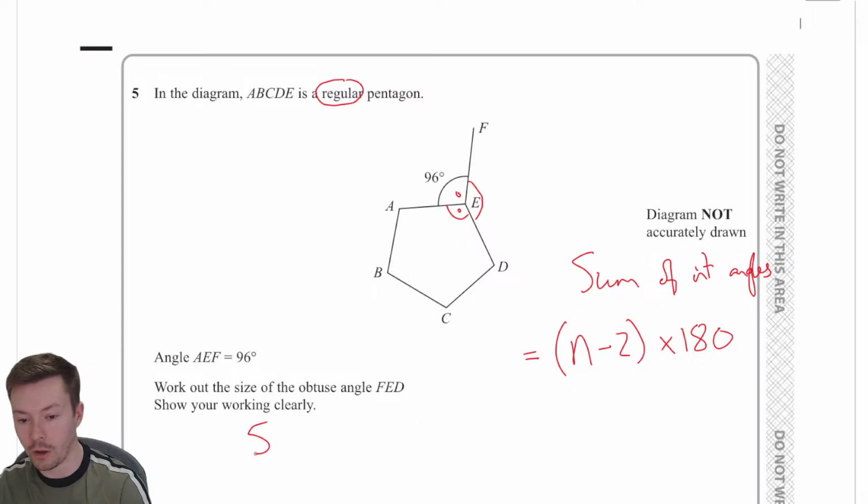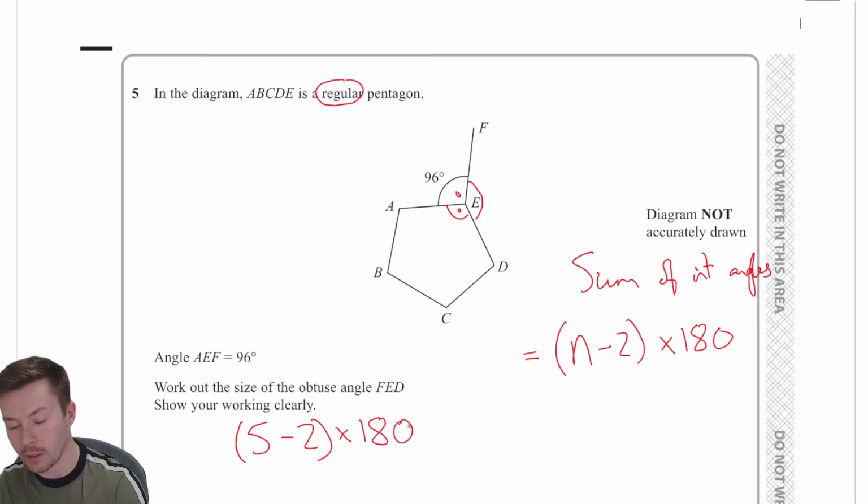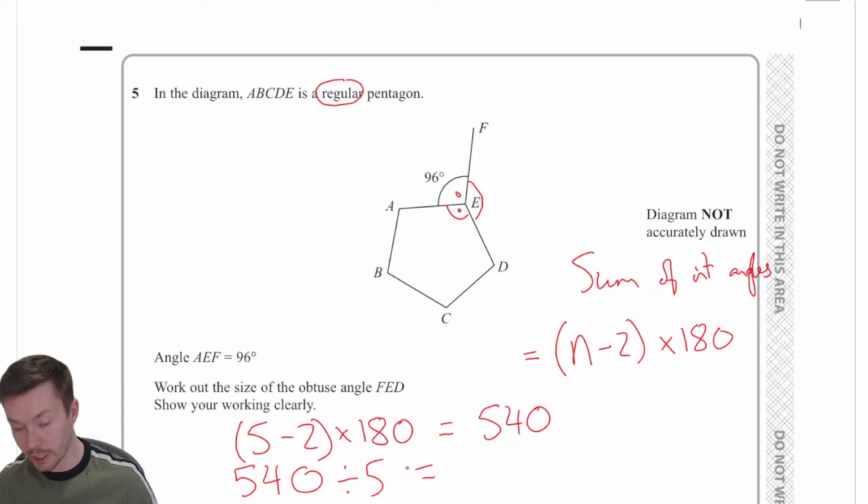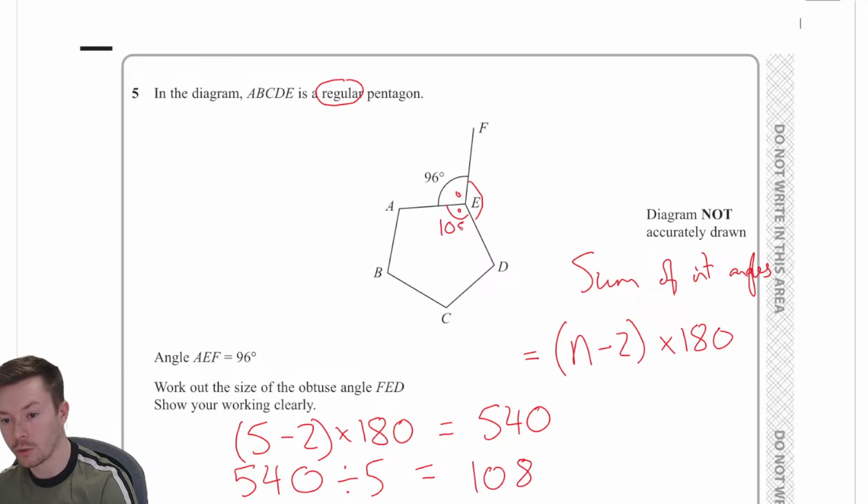So we're going to do 5, take away 2, times 180. 3 lots of 180 is 540. And then we're going to do 540 divided by 5, because we're going to split it between those 5 angles, which I believe from memory is 108, but let's double check. It is 108. So this angle is 108.